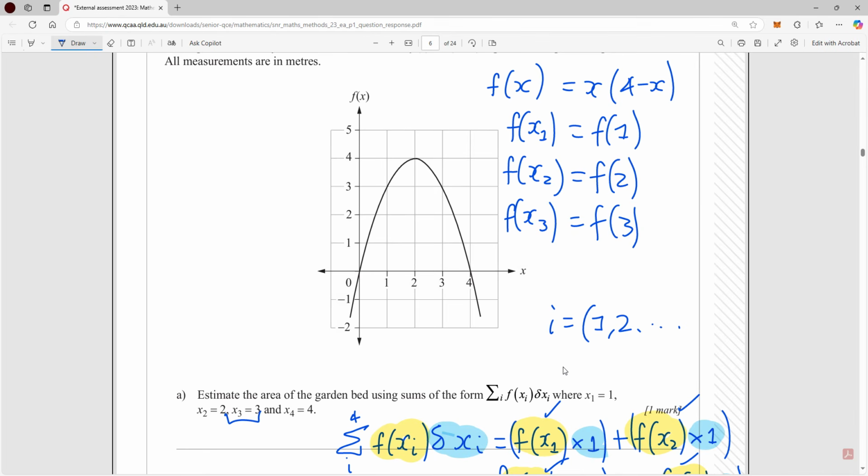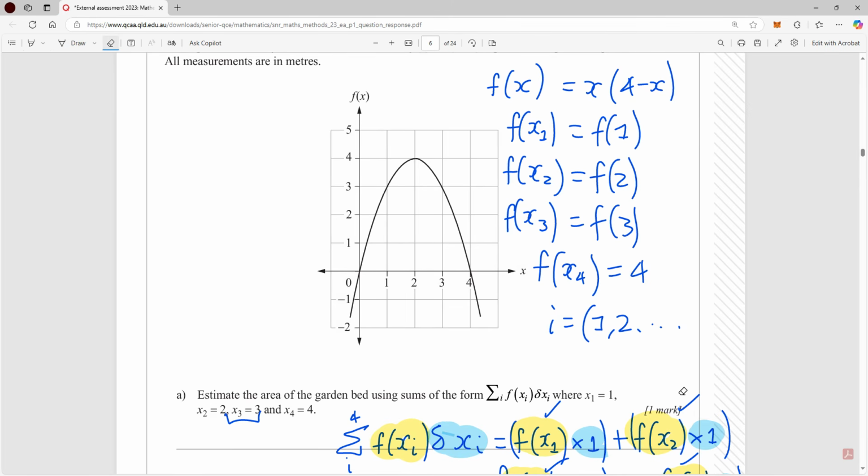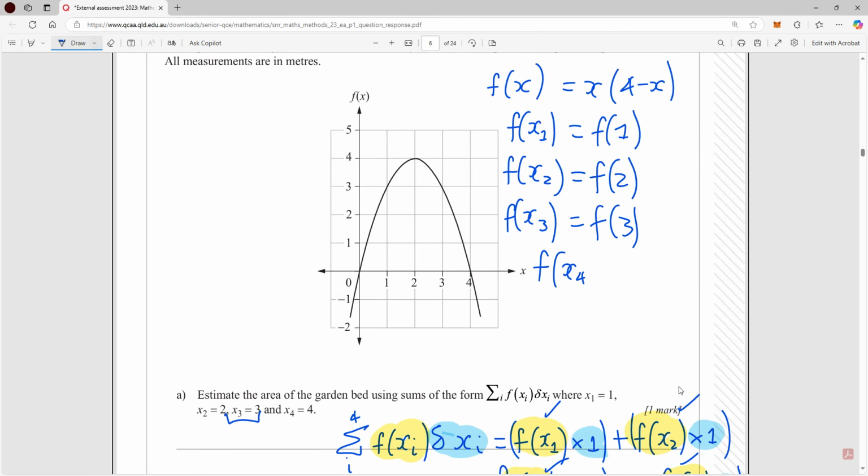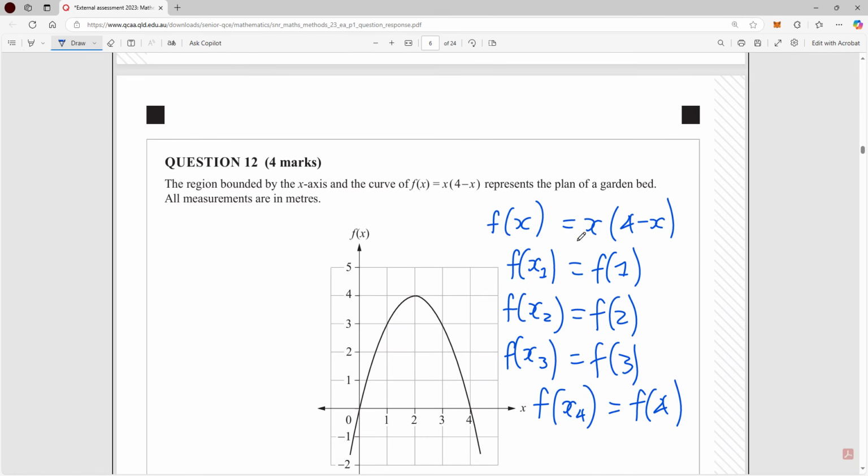This isn't because that matches that, that's just a coincidence. I'm literally just chucking in these values here. Okay, f of 4. My apologies. So now all we gotta do is chuck in those values here.